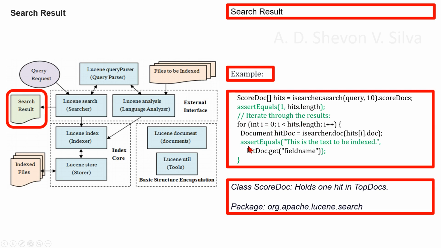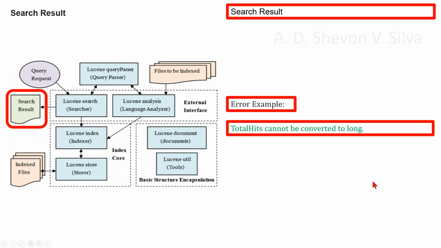And this is assert equals, this is the text to be indexed here. And here the ScoreDocs are in package org.apache.lucene.search. So here we are asserting the search result. As an error example, we can consider total hits cannot be converted to long.